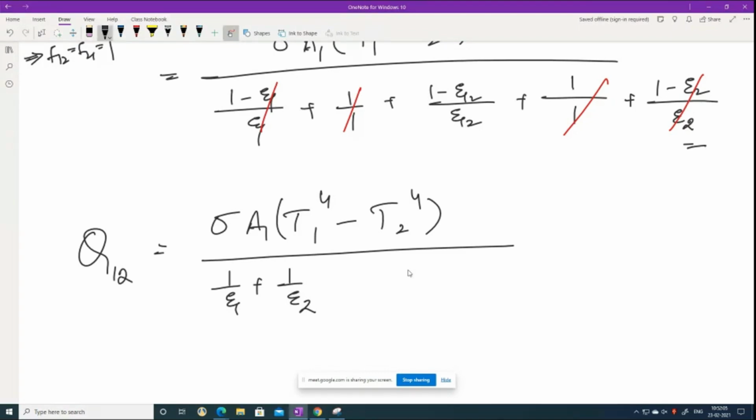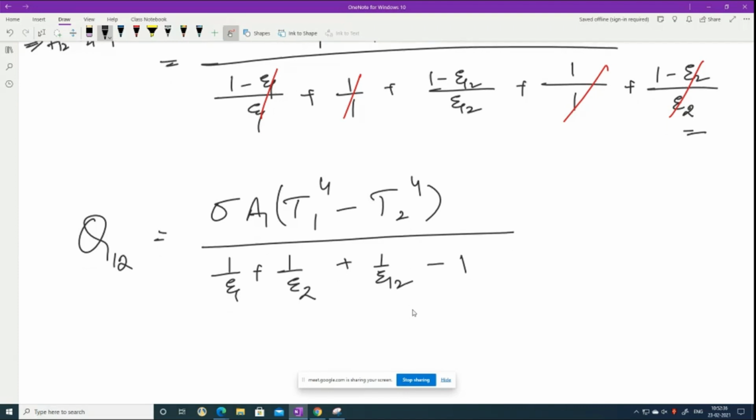And what you get here regarding this epsilon 1, 2 is minus 1. This is what you will get.